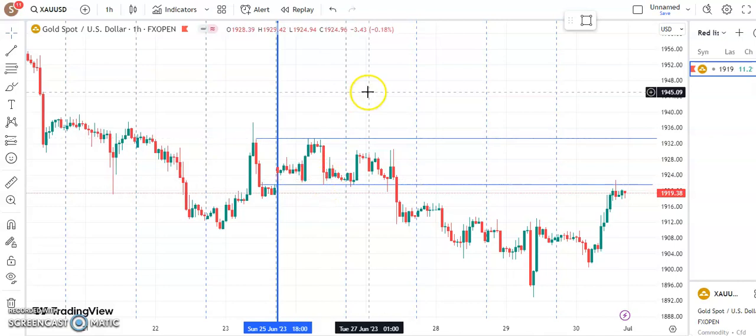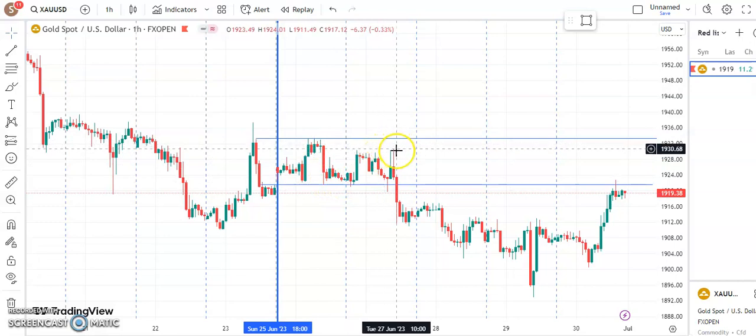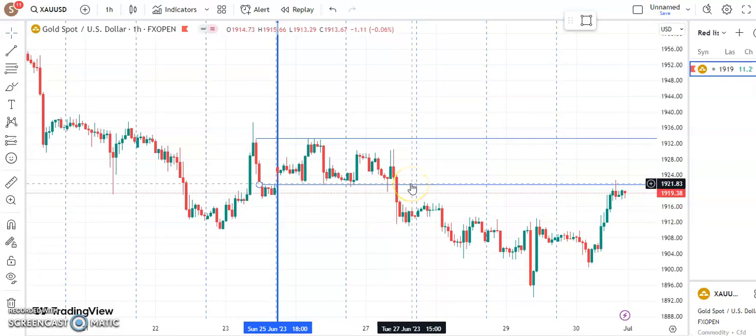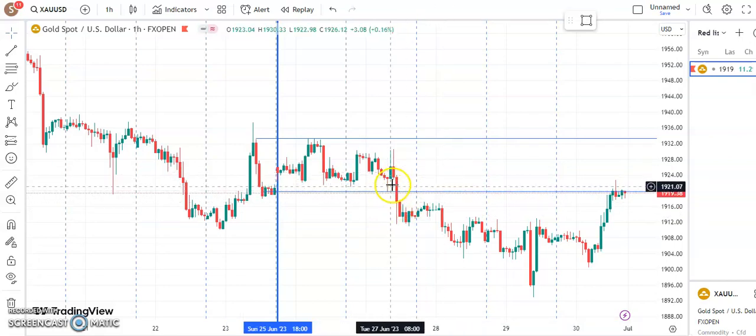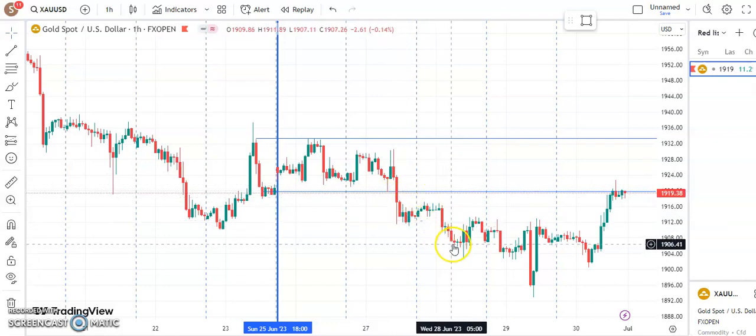And then what did we see on Tuesday? So we have day one on Monday, day two on Tuesday, we have a breakdown. So the market breaks down, right? So we have our low of the week, a breakdown. On Wednesday, we have another breakdown.